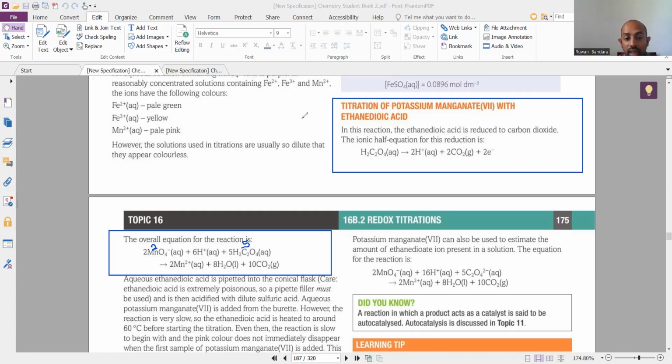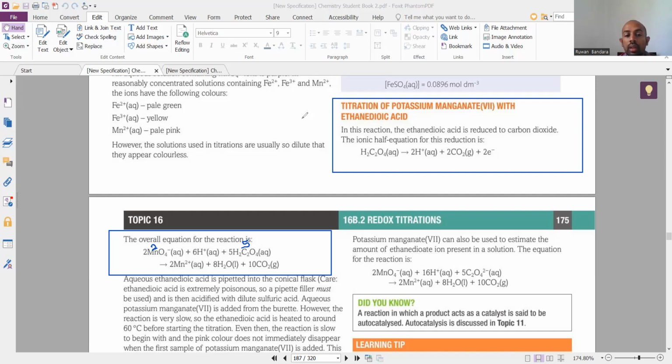Another important point, this reaction is very slow to start. That means the activation energy is very high. Therefore, we have to heat the reaction mixture while the titration is taking place. But after some time, you don't need to heat it.